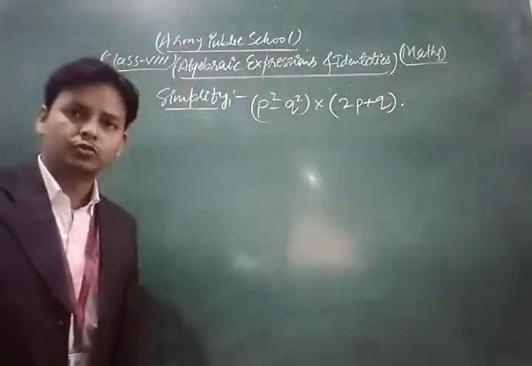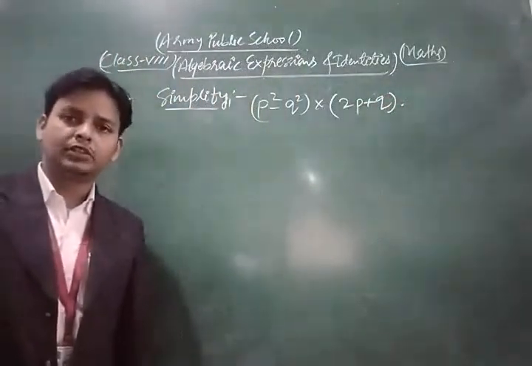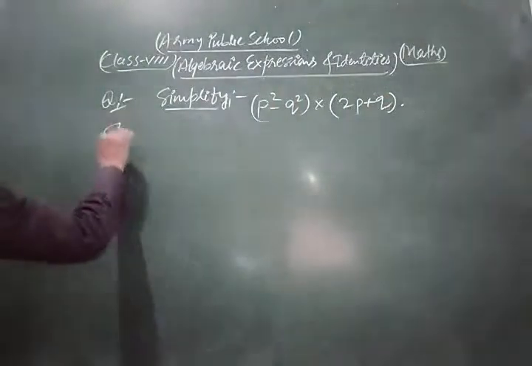P square minus q square multiplied by 2p plus q. Now let's see its solution.